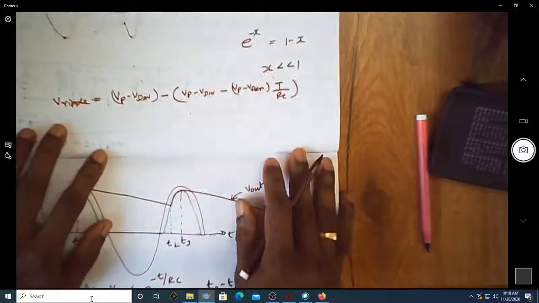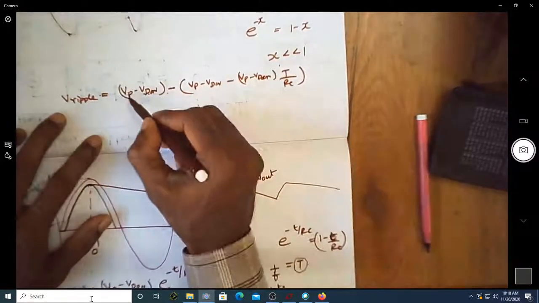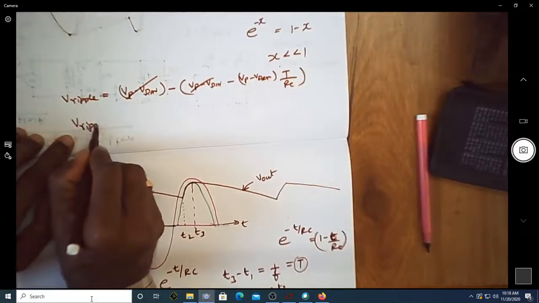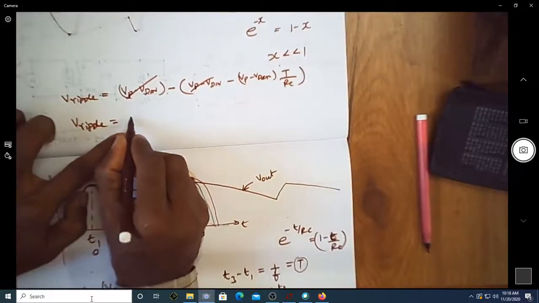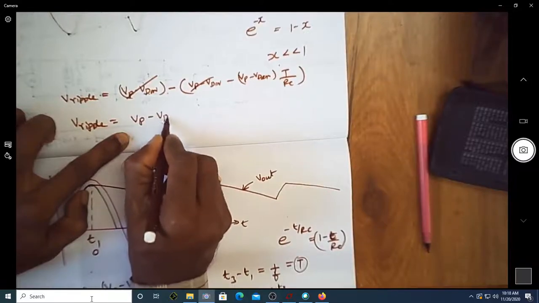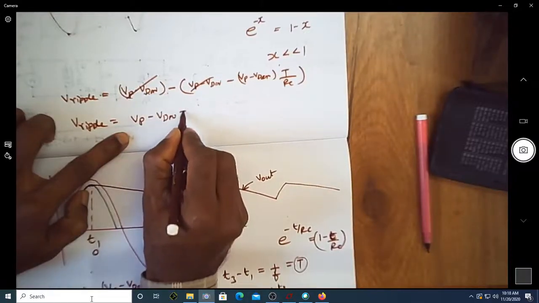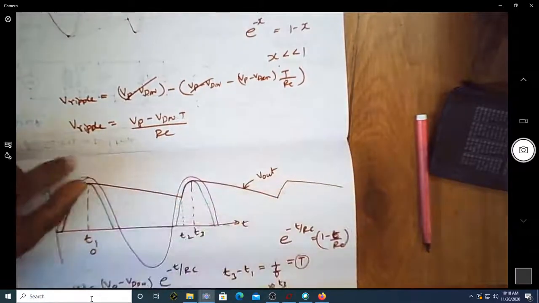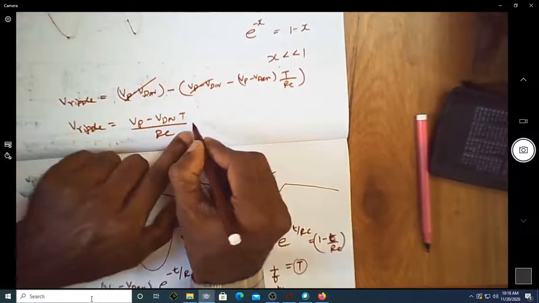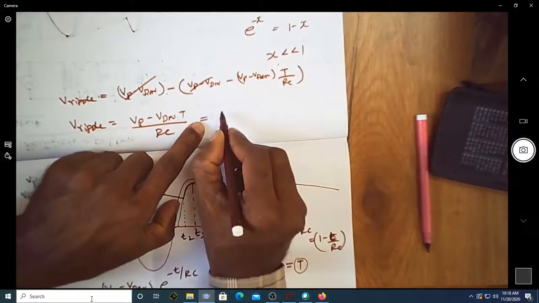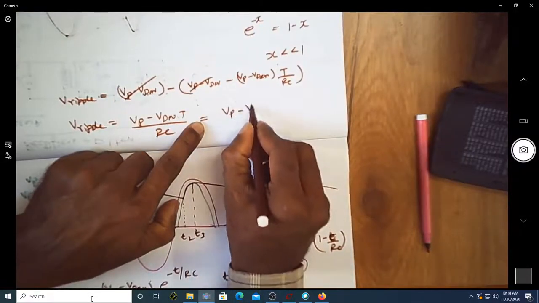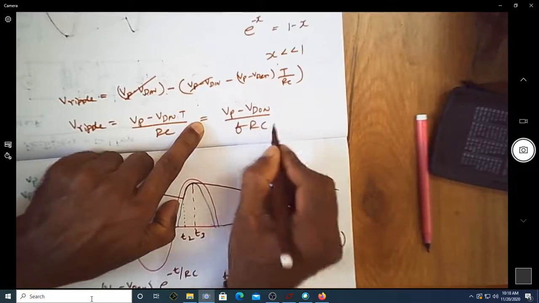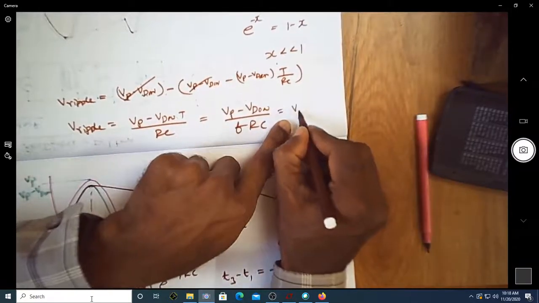So this cancels with this. Finally, V ripple is equal to Vp minus V diode into T by RC. This T I can write as 1 over the frequency. So this finally reduces to Vp minus V diode by f RC. This is V ripple.